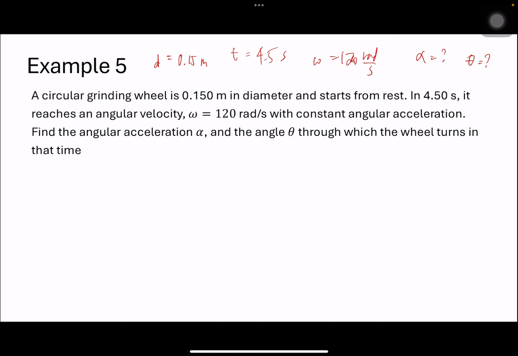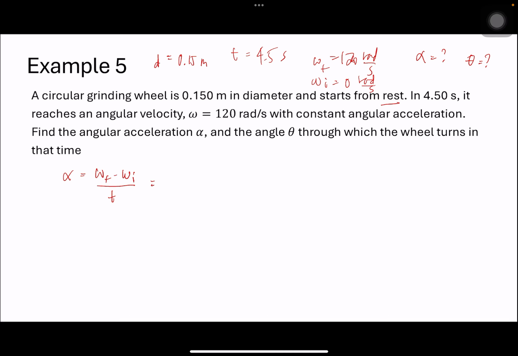So we were asked for the angular acceleration and the angular displacement. We solve for the angular acceleration using the same given. The 120 is the final. It says it starts from rest, so the initial is 0. So we can use the derived equation earlier from the first rotational kinematic equation: final minus initial over time.